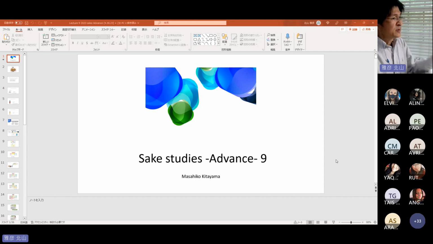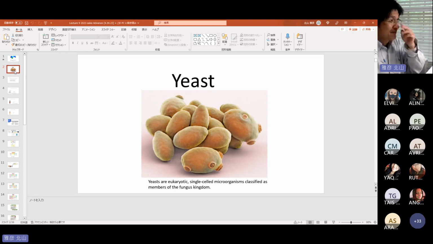But yeast, as you already know, produce long chain alcohol or ester. So yeast are a very important material or ingredient to make sake, or even for making wine. So next, with some slides, I will try to explain yeast.